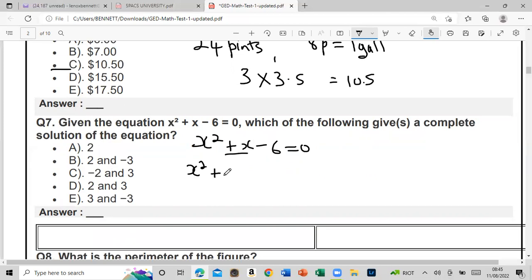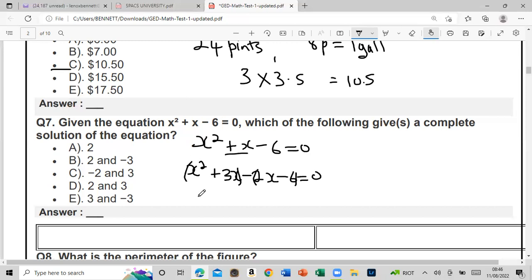If you're not sure about this, guys, just review it on my channel. The same channel name. Just type in factorization, and it will take you through that, alright? And that is equal to 0. So we're going to factorize this and then we solve the equation. Remember, it's got to be 2 solutions.